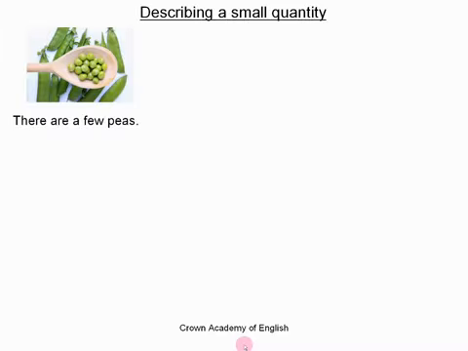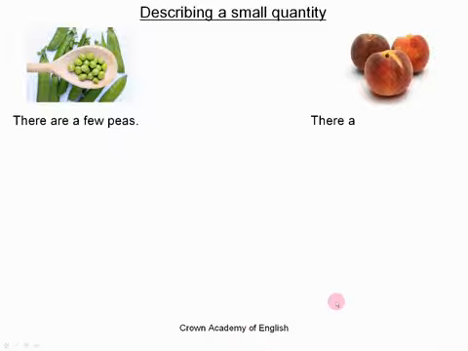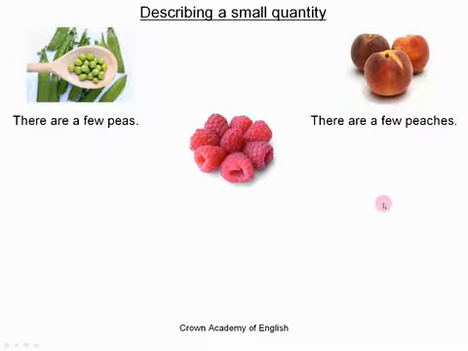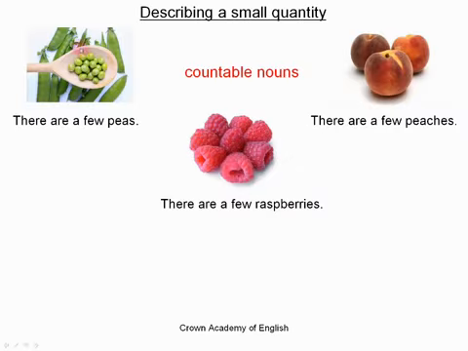There are a few peas. There are a few peaches. And there are a few raspberries. Okay, so the first thing that we should look at is all of these nouns, they are countable nouns.